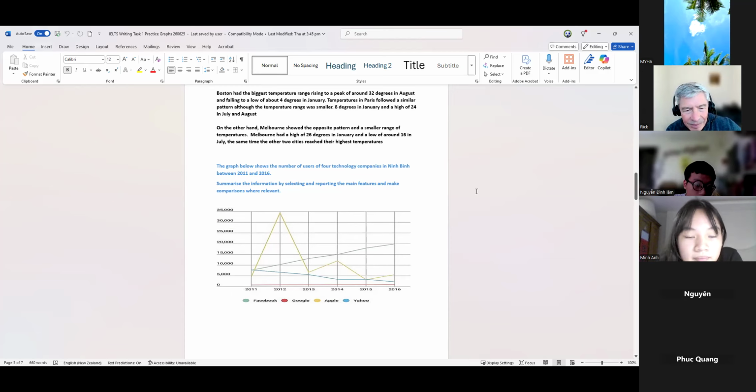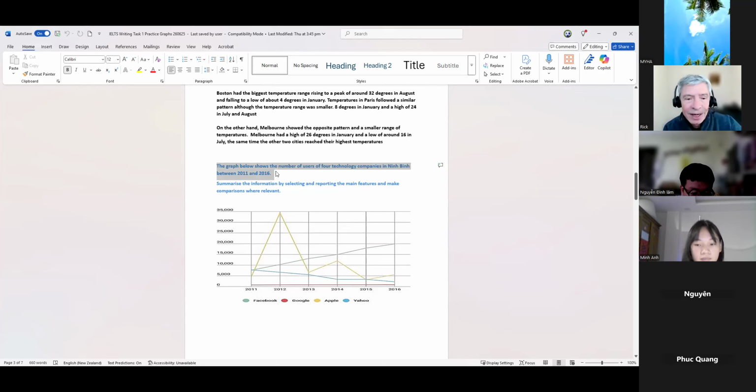The graph below shows the number of users of 40 technology companies in Ninh between 2011 and 2016. Okay, good. All right. So remember, everyone, the first sentence of the question is always called the prompt. And the first thing you have to do is paraphrase the prompt in your answer.